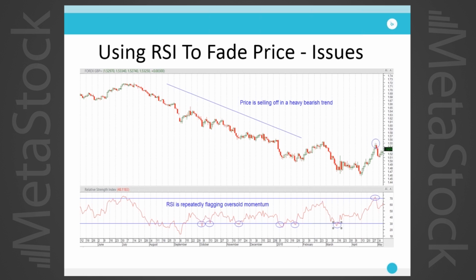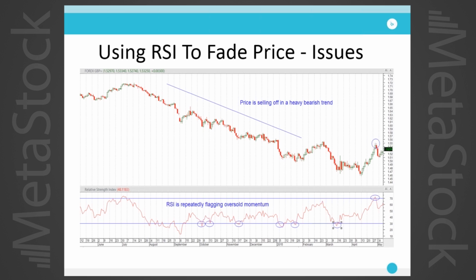So again, if we're using that basic fading method, then we would be triggered into another losing position as we incorrectly try to buy the market expecting a reversal higher, not taking into consideration the dominant trend. So trying to fade RSI in trending conditions is effectively, as we would say, looking to pick up pennies in front of the steamroller. So you're likely to just get completely blasted there. That's not a strategy that we would encourage.